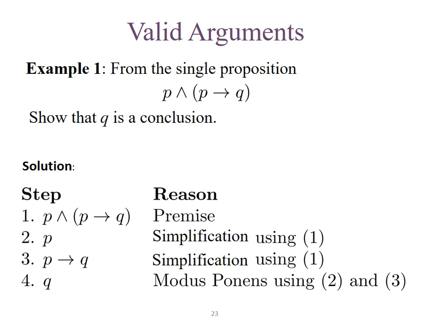Okay, so let's see how we prove Q is true. If you see two terms joined by AND, and this is true, then we can apply simplification, because simplification tells us if the premise is true, then P is true.